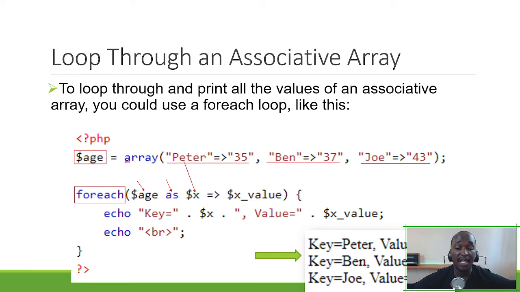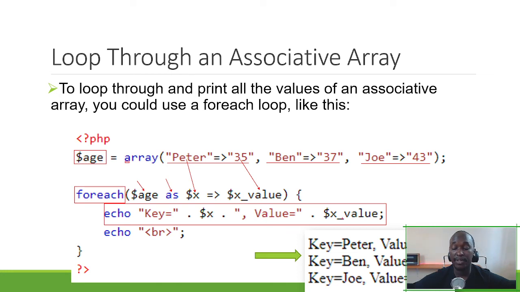This is going to save the key on a variable called x, and the value on a variable called x underscore value. So if we echo here, key is equals to x, then this is going to print us the name of the key, and value is going to print us the value, and after that, we're going to print a break. And therefore, if we run this code, the output is going to be like this.